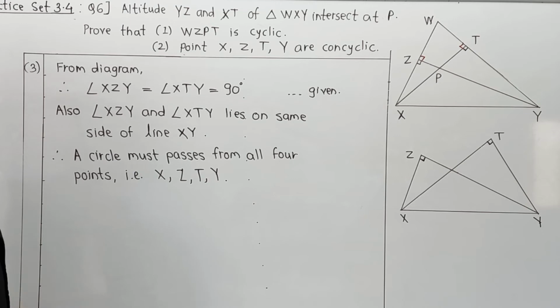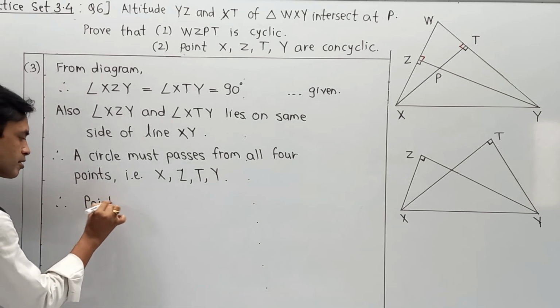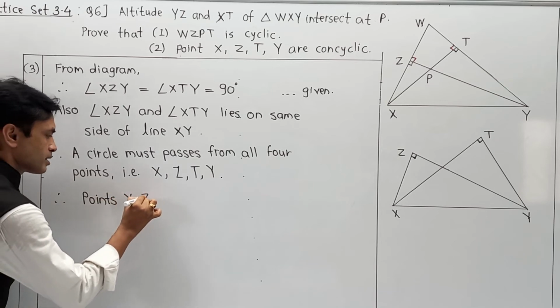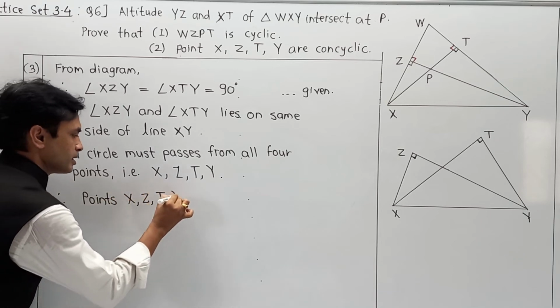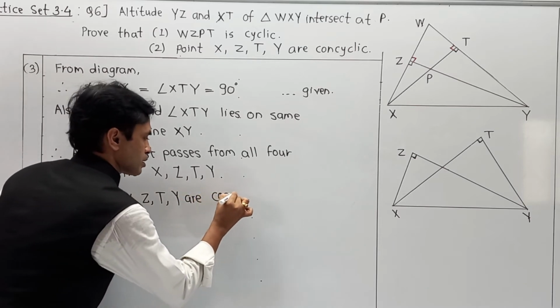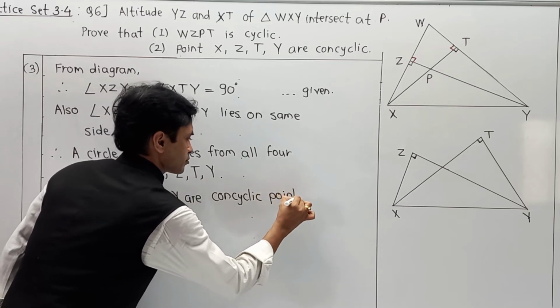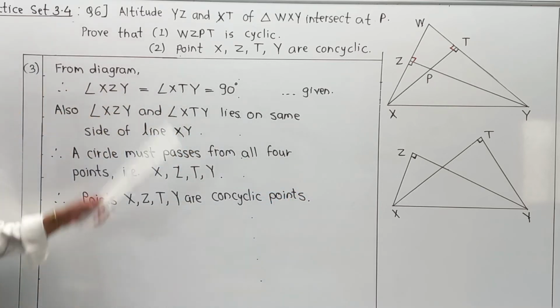Therefore, points X, Z, T, Y are concyclic points. And in this way, you can complete your proof.